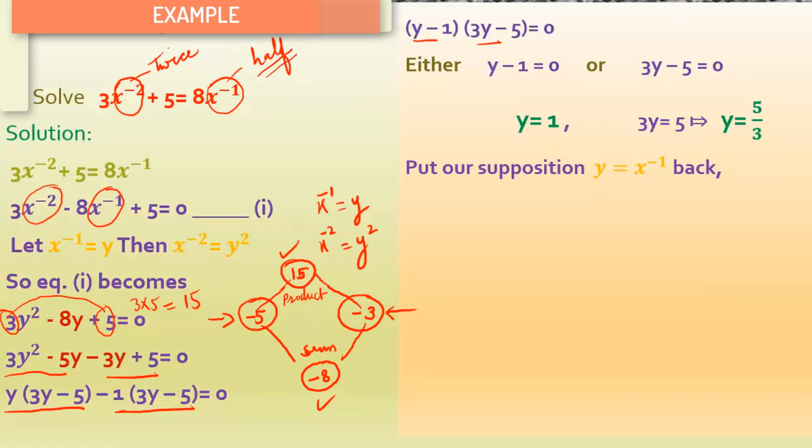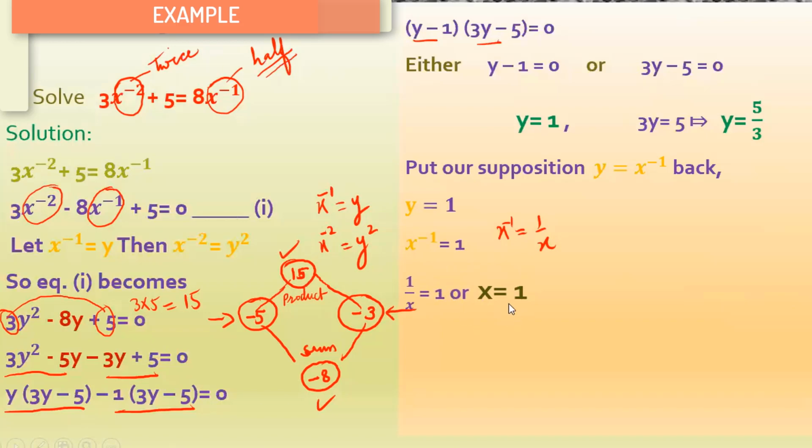So we will have y is equal to 1 means x raised to the power minus 1 is equal to 1. X raised to the power minus 1 means 1 upon x. Both are same. So we'll write 1 upon x instead of x raised to the power minus 1.